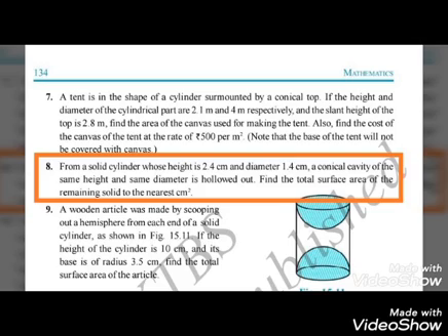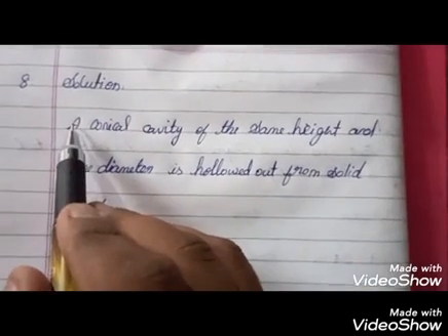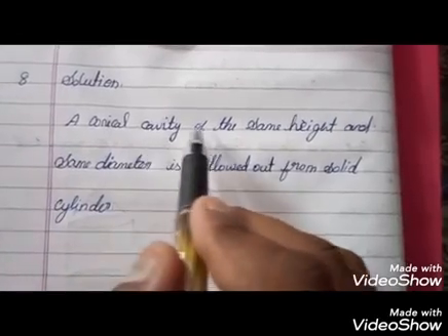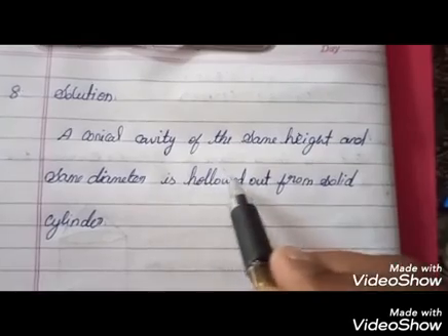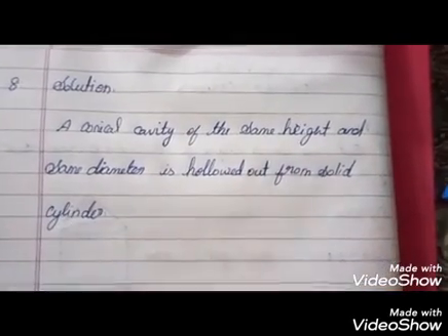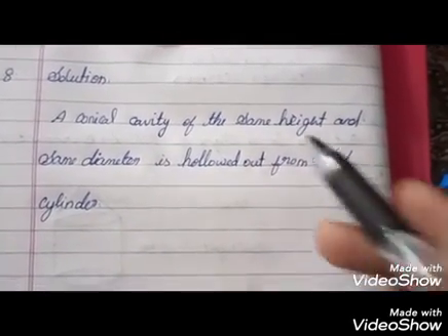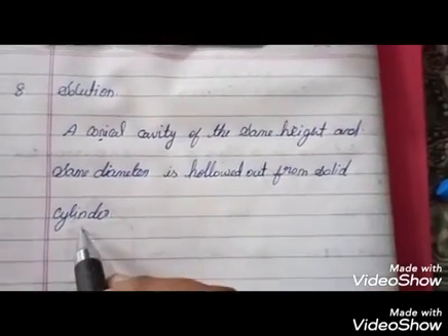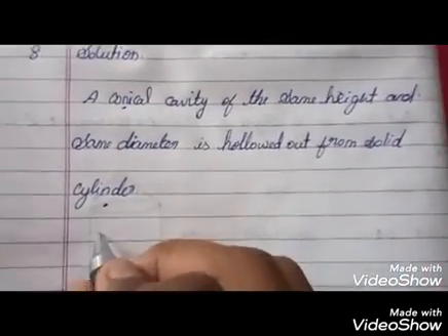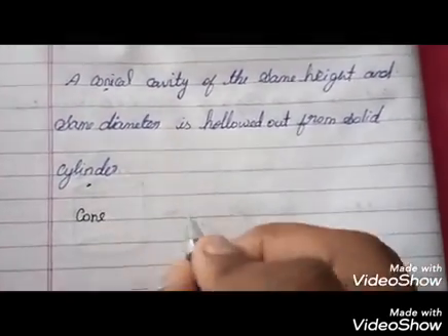Now we move on to the solution. A conical cavity of the same height and the same diameter is hollowed out from the solid cylinder. Cone is there, cylinder is there. So the cone part can be cut out from the cylinder.